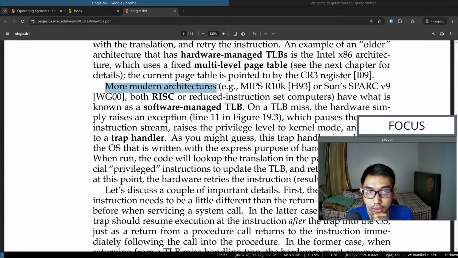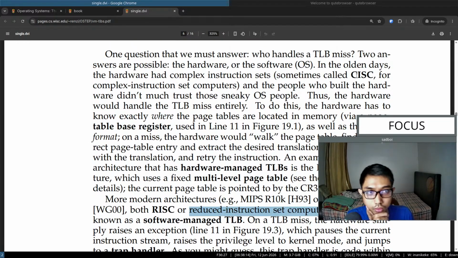Okay, more modern architectures, for example MIPS R10K or Sun SPARC, are RISC, or reduced instruction set computer. Previously we have this one, CISC, which stands for complex instruction set computer, I assume. Complex instruction set computer.